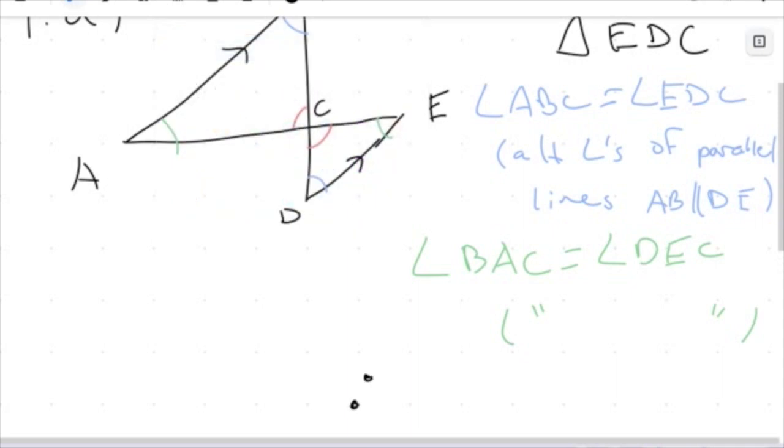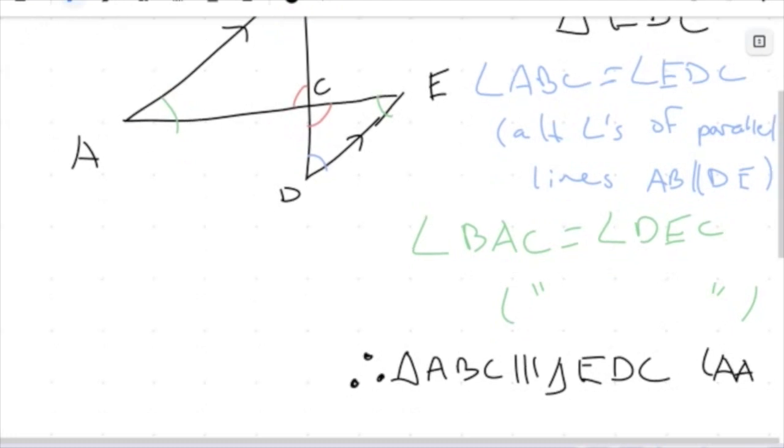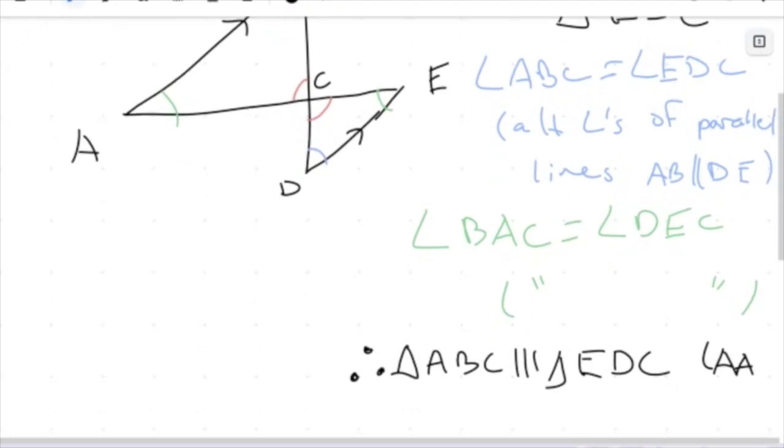Therefore, triangle ABC is similar, remember, similarity we write with these three vertical lines, is similar to EDC. And we can either write angle, angle, or we can write two pairs of equal matching angles. But I'm just going to write angle, angle here. So that is enough to prove that these are similar.